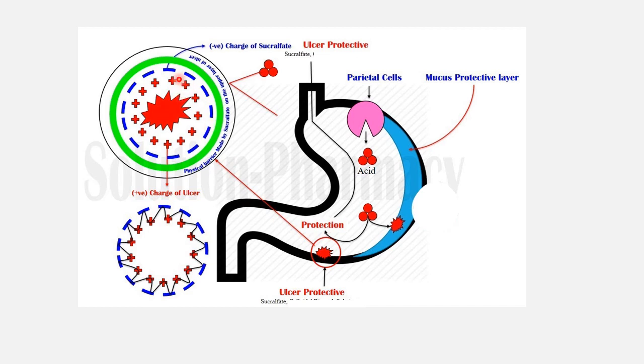Because the negatively charged sulfated sucrose will bind with the positive charges of the ulcer, and in this way it will polymerize. It will form a sort of meshwork over the ulcer, and it will protect it from acid, and it will also increase the prostaglandin and mucus secretion. It forms a viscous tenacious paste which covers the ulcer base.